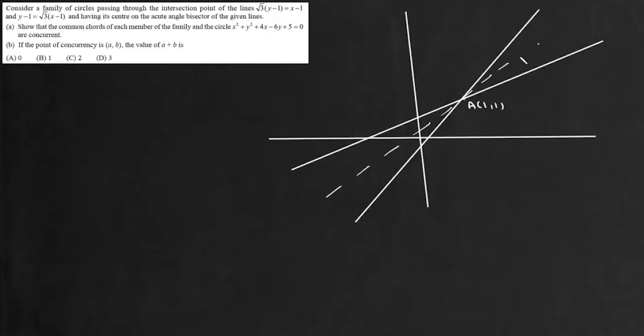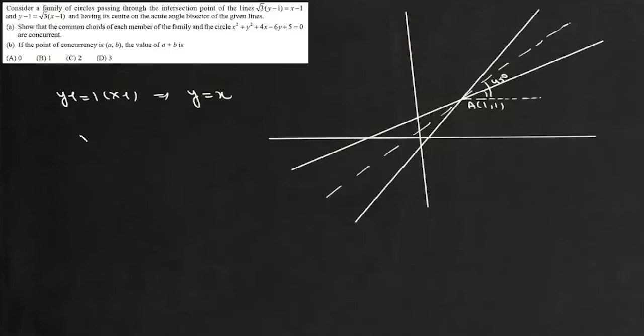Now we know that this angle is 30 and this is 60. So this angle will be 45. So slope of this line is 45 degrees. So equation of this line will be y minus 1 equals 1, x minus 1. So center of the circle will lie on the line y equals x.